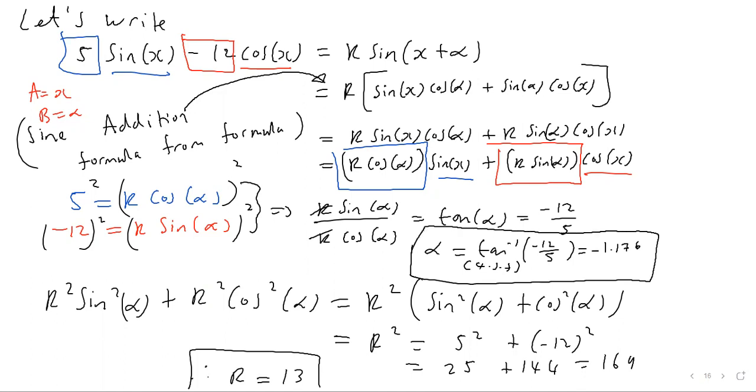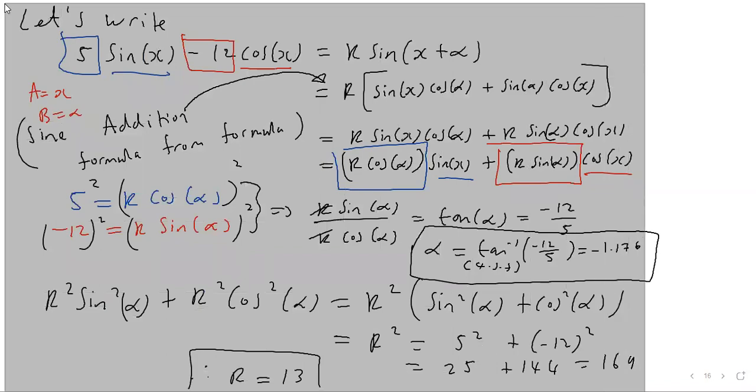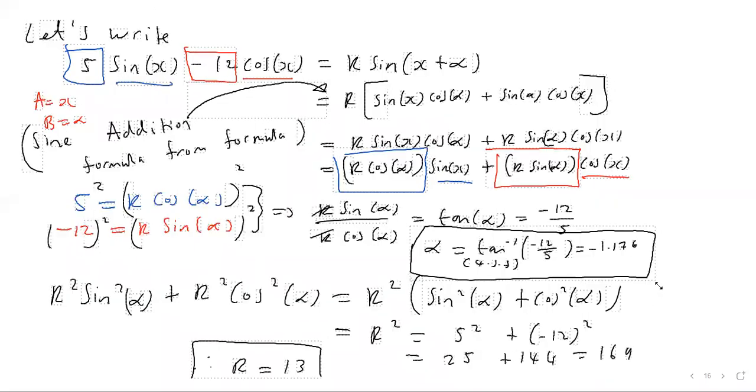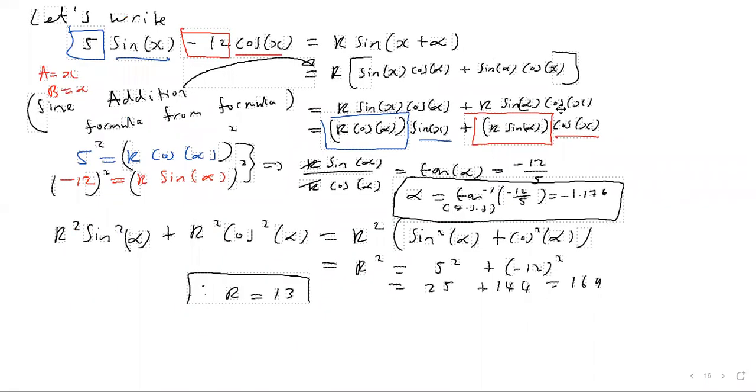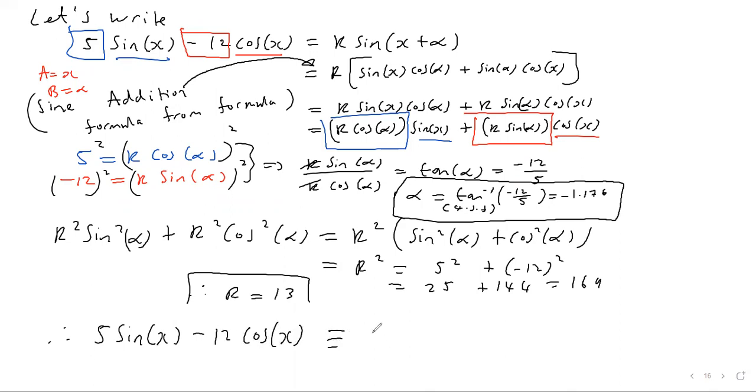So therefore what we can conclude from here is that 5 sine x subtract 12 cos x is exactly the same as 13 sine of x minus 1.176, so negative 1.176.